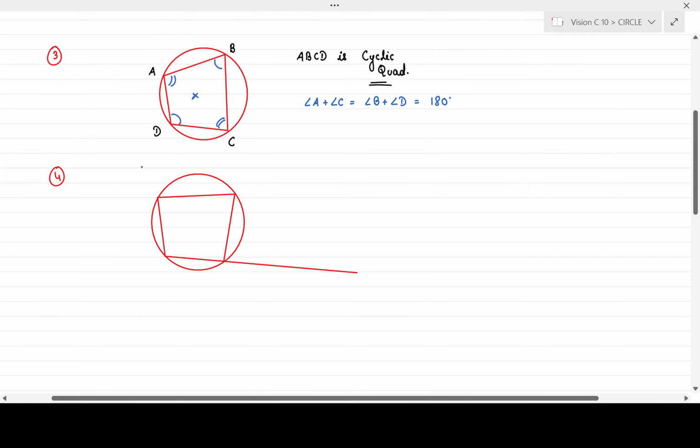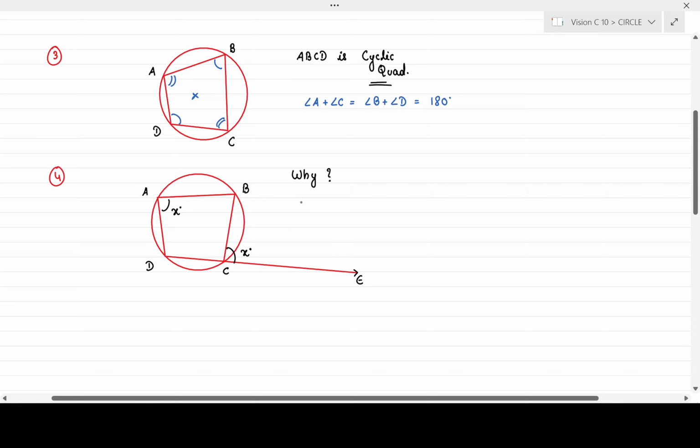Now suppose this is the same quadrilateral ABCD and DC is produced to E. Now this angle will be equal to the interior opposite angle. Why, sir? Why are those two angles equal?